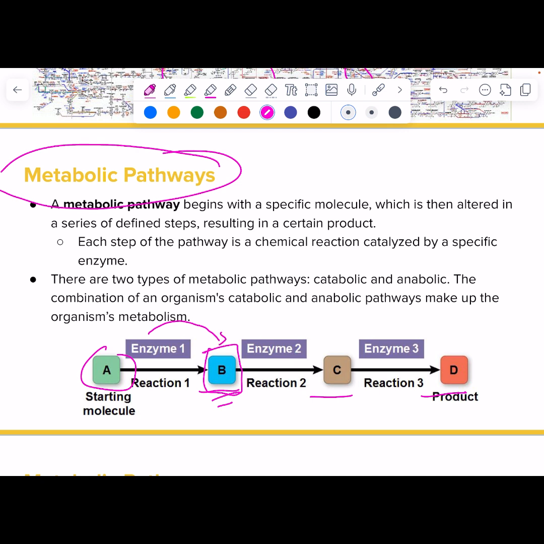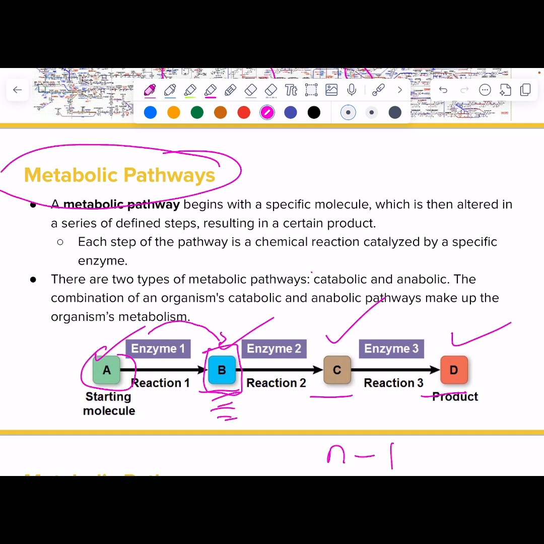To understand the number of enzymes involved in a metabolic pathway, just count the number of molecules involved. There are 1, 2, 3, 4 molecules involved, and therefore there are 3 enzymes, because every time you form a product, there is 1 enzyme. So you just say number of molecules involved minus 1. If there are 4 molecules minus 1, then you know the enzymes that are involved.